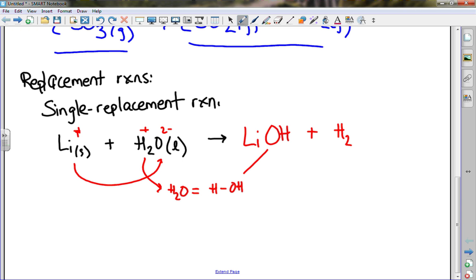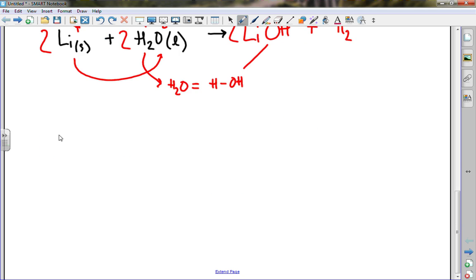And then you would just balance this reaction, okay? So in this case, you'd have 2 here and 2 here, and that would balance out that reaction. Oh, one more 2, rather. You'd have another 2 here in your water. But the idea is that you're just replacing one of those reactants, right? So I guess that makes sense for you, and you see how that works.